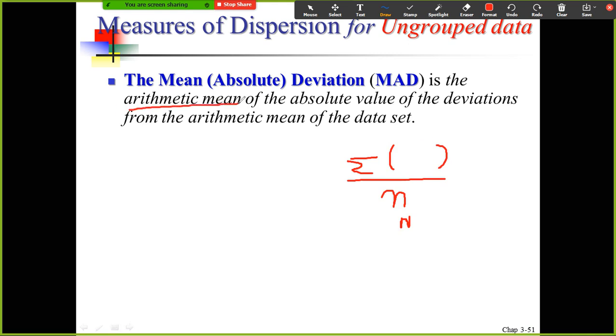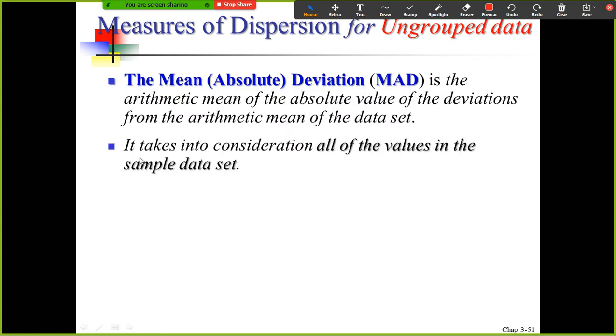So this is the arithmetic mean of absolute values. The absolute value of the deviation from the mean should be x minus x bar. Deviation from the mean. You can see the formula. It takes into consideration all of the values in the sample dataset. We use a sample dataset, not population.